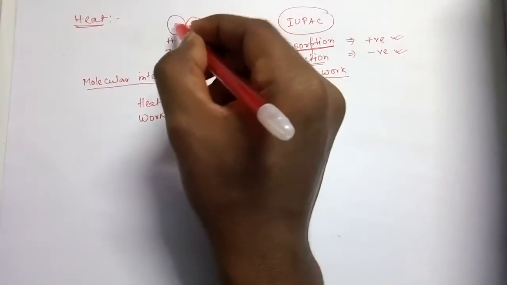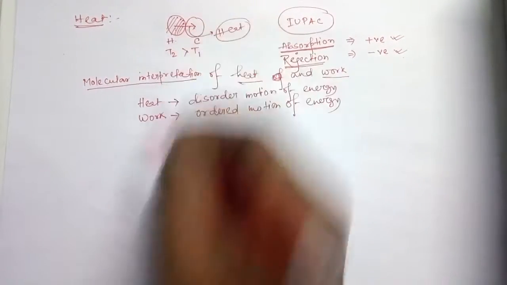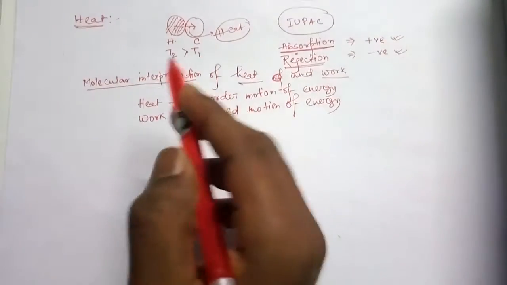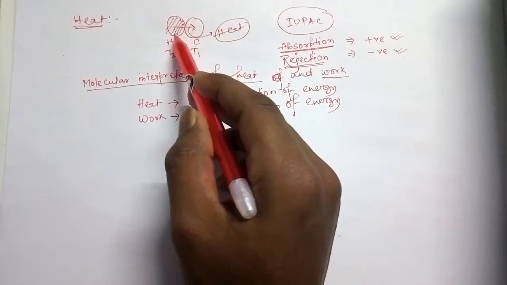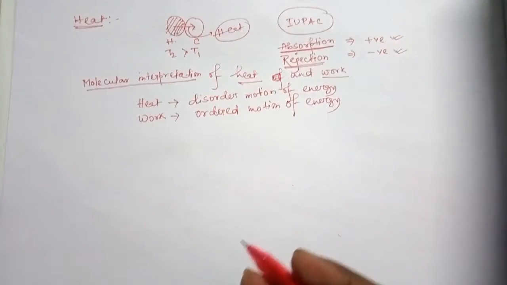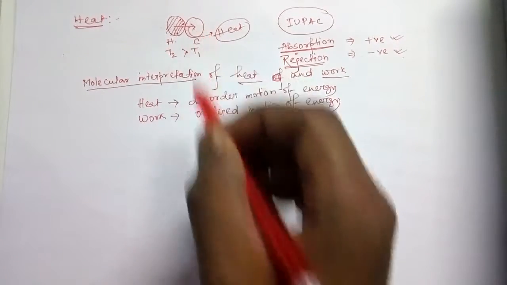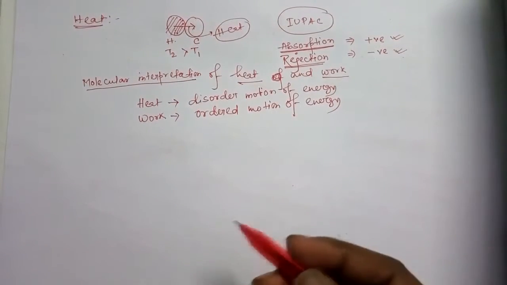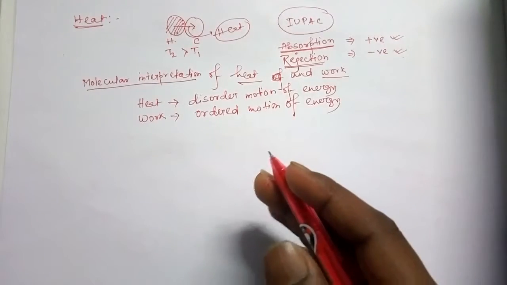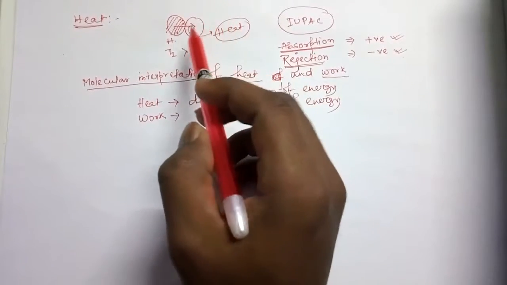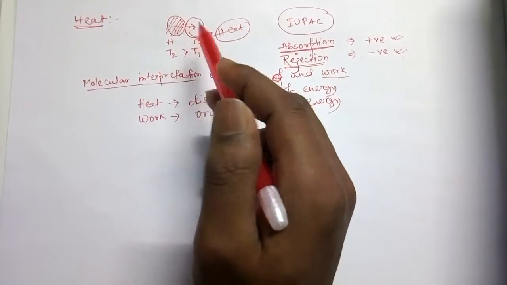The thermal motion of the molecules in a hotter body is more than the thermal motion of the molecules in a cooler body. Then what happens when two systems with unequal temperature are brought in contact with each other?